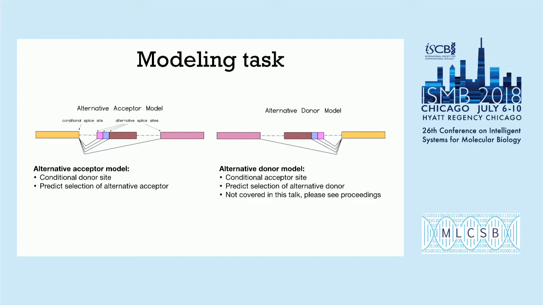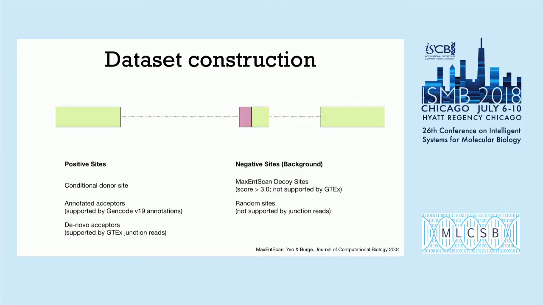And in the second model, we are conditioning on an acceptor site and are considering multiple alternative donors. The 2 models are exactly analogous to each other, so for the purposes of this talk, I'm just going to focus on the first case, but you can see the full details in the proceedings.